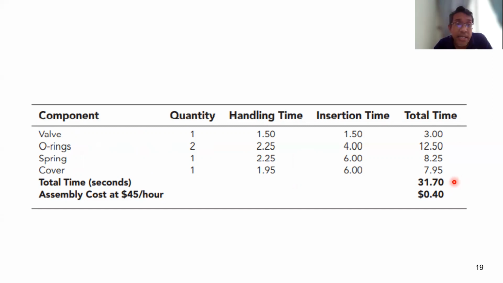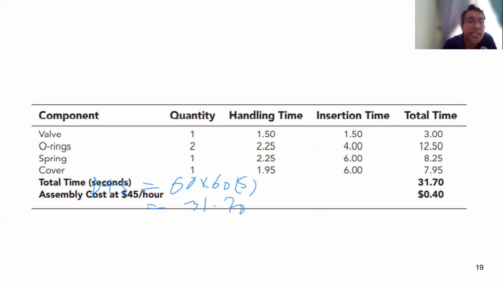And then after we make a calculation, because the assembly cost for 1 hour is $45 here, so $45 for 1 hour, 60 multiplied by 60 seconds, you can get the total time for the 31.7 seconds.